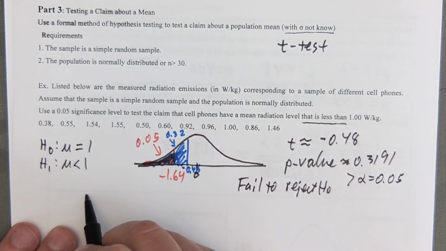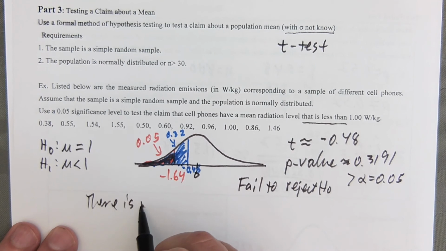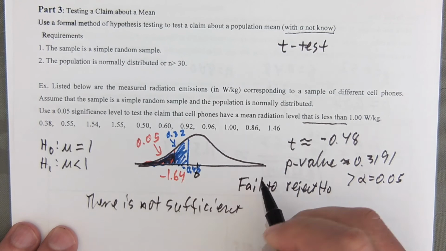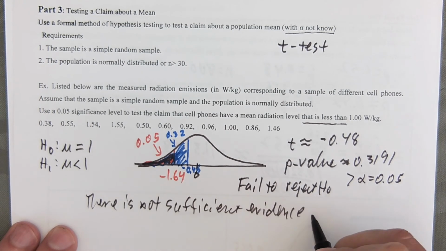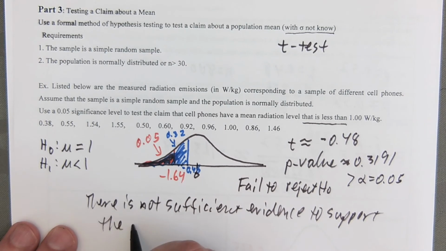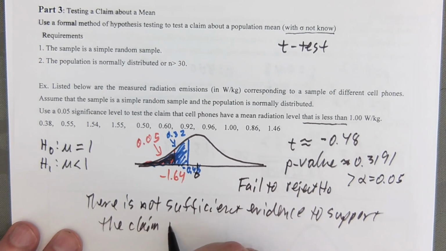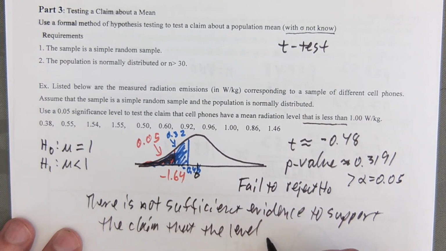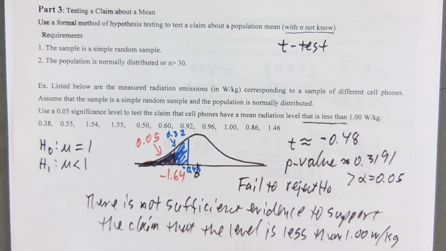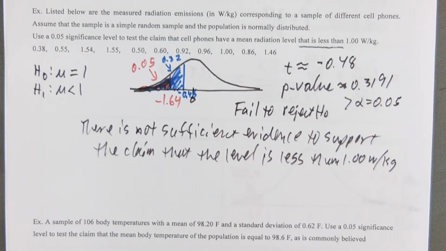So there is not sufficient evidence to support the claim that the level is less than 1 watt per kilogram. Pretty cool, and the calculator does all the work for you.